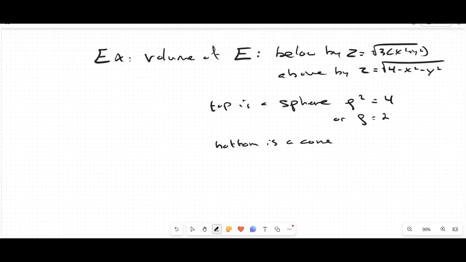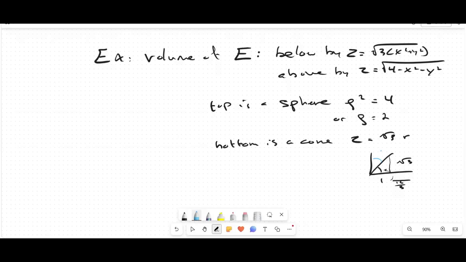Well, first we can write it as z equals root 3 r if you want. It's a cone with slope root 3. So if this is root 3, this is 1. That angle there is what? What is that angle right there? Pi over 3.